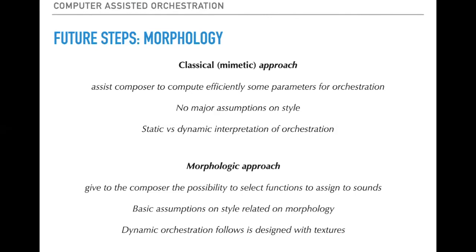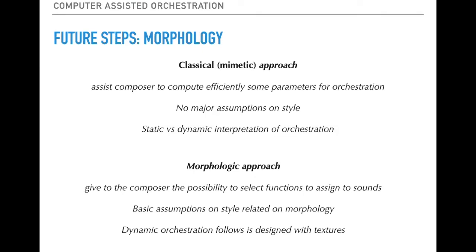But what I call the morphologic approach is something that I would like to try in the future, and I'm discussing with a few composers that work on this project about this. The idea would be to actually assign morphologies to the target sound, so decode morphologies, and then copy the morphologies in order to have some sort of style-related assumptions on the sounds.